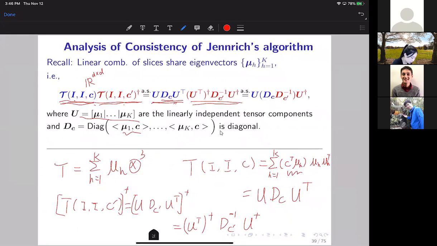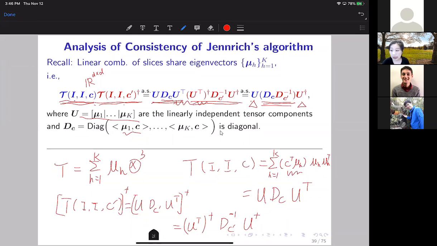So now you can see, because of the pseudo inverse, my U transpose pseudo inverse will be canceled, right? And that's why you have this U, these two diagonal matrices multiplied with each other, it is still a diagonal matrix. So you have this decomposition. This U multiplied with this diagonal, multiplied with U inverse.